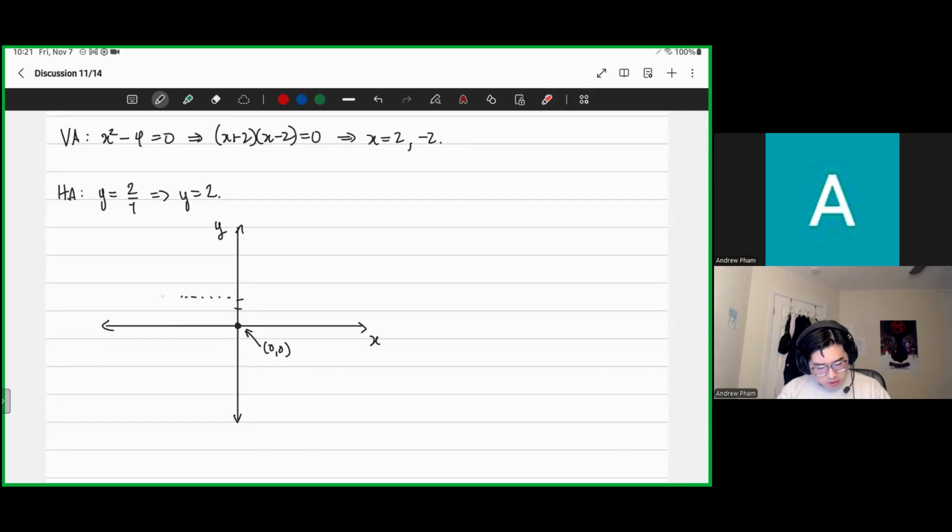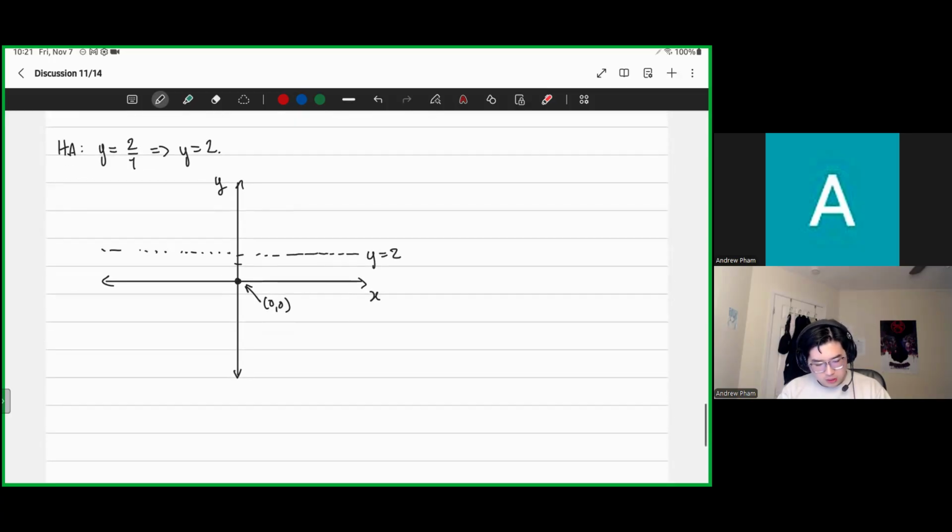So I have a horizontal asymptote at y is equal to 2, a vertical asymptote at x equals minus 2, and I also have a vertical asymptote at x equals 2.